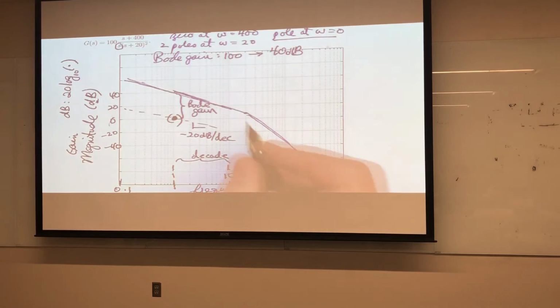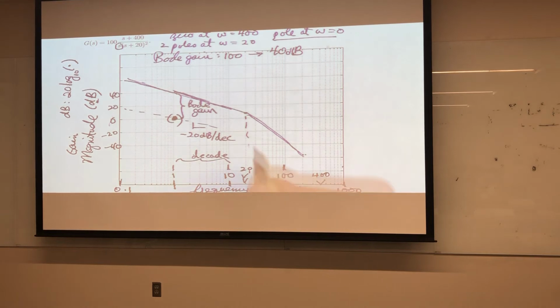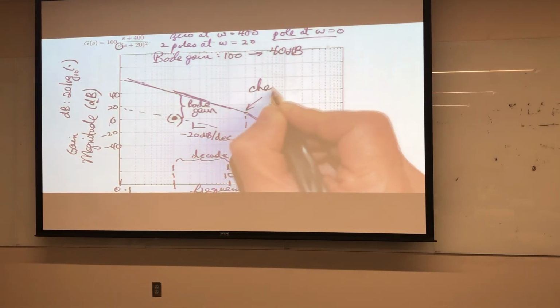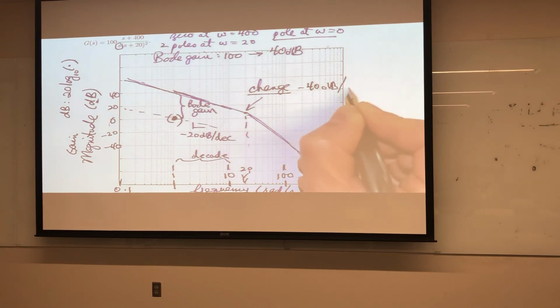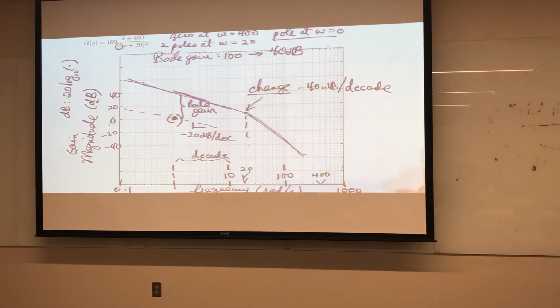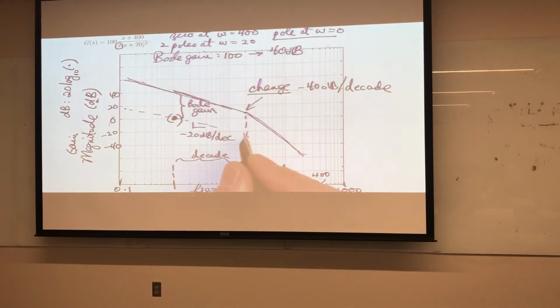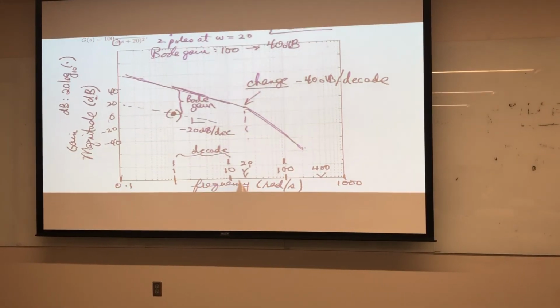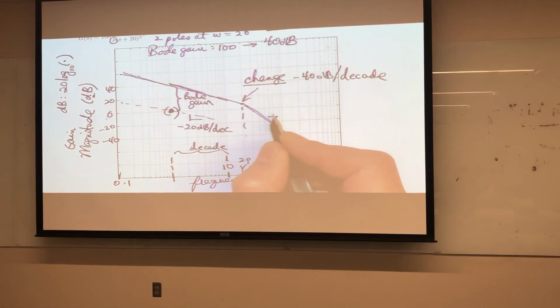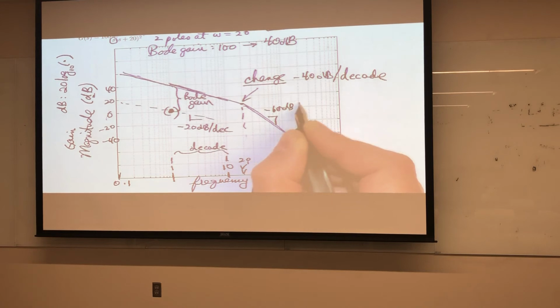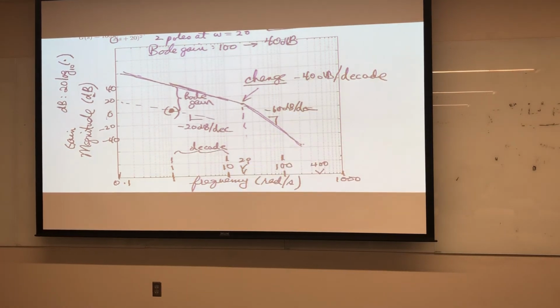Okay. And so at this corner right here, we know that there is a change of minus 40 dB per decade. Okay. And so I'm looking for some sort of annotation that says I recognize what the proper change is because there's 2 corners. Or you can annotate it here and say this is minus 60 dB per decade. Okay.